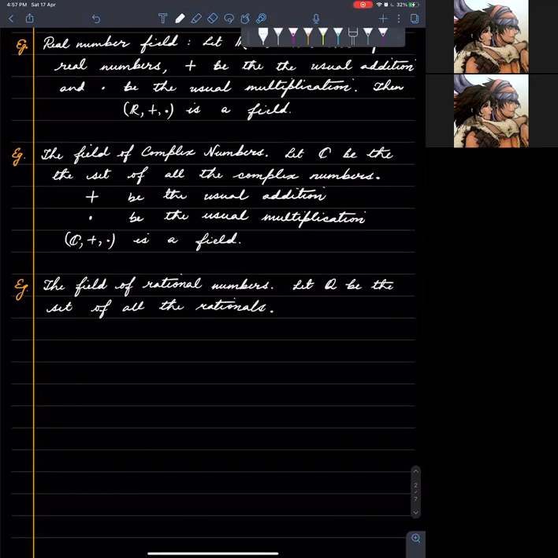If you add two rationals, you get a rational. You multiply two rationals, you get a rational. You invert a non-zero rational, you get a rational. You take the additive inverse of a rational, it's again a rational. So this thing is a field, where again this is your usual addition and this is the usual multiplication.